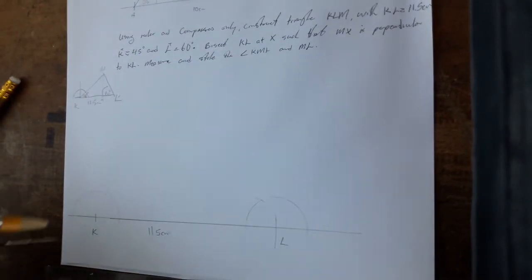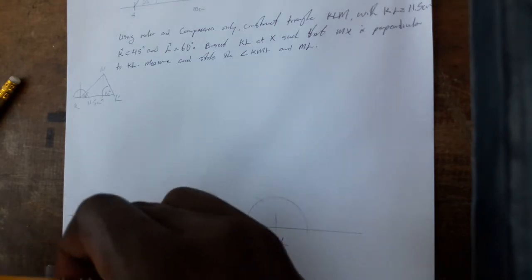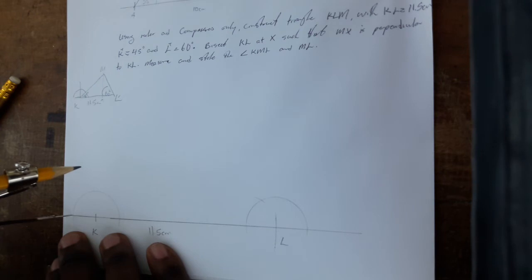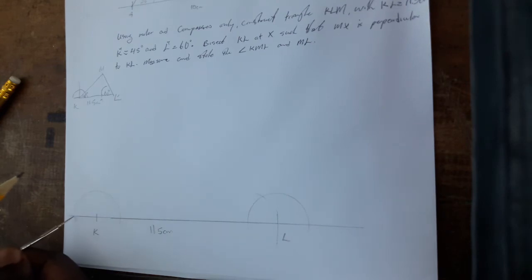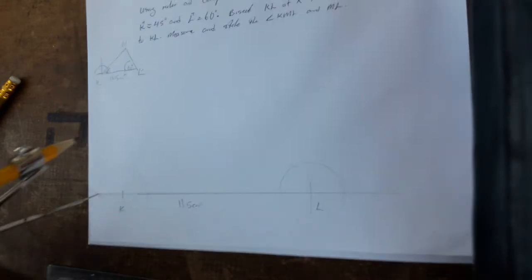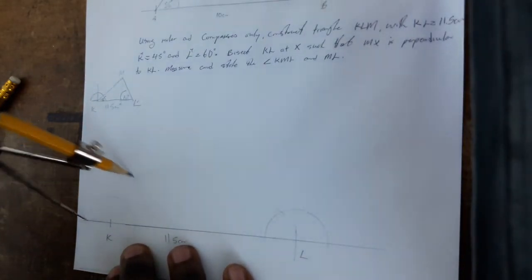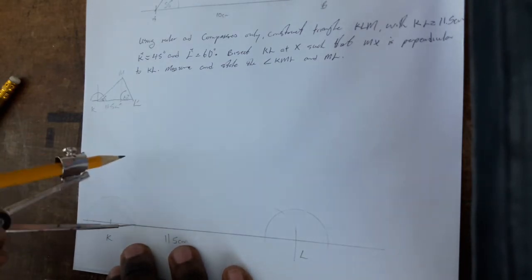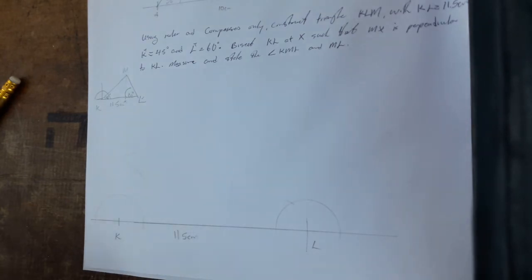With 45, we have to construct a 90 first, so I'm going to do the easy way to construct the 90. I'm going to open the compass. I'm going to scribe an arc up here. Get my needle where it's supposed to be. Good. Scribe an arc up there.